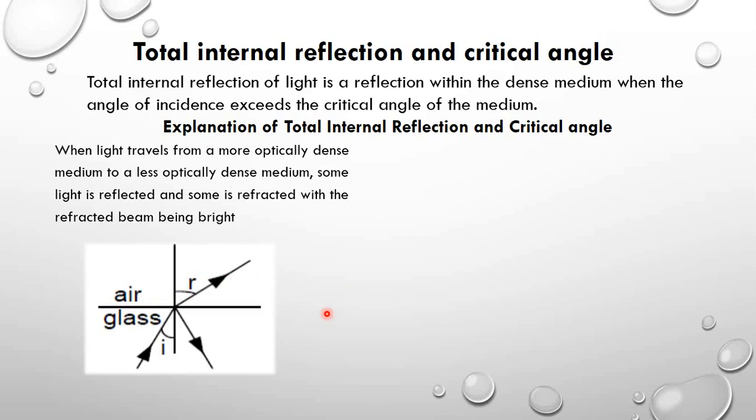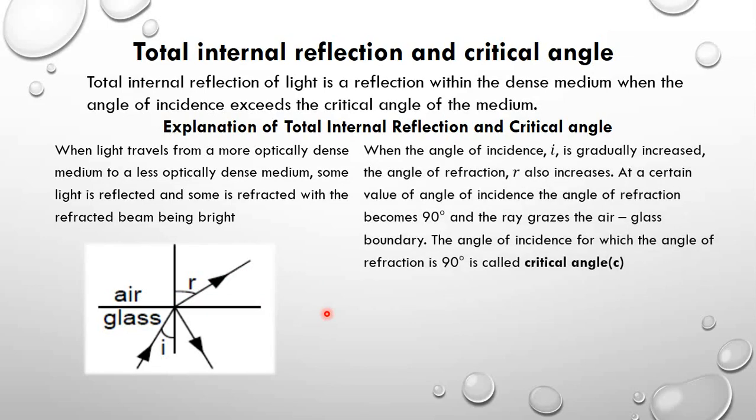At that point the angle of incidence is going to be called the critical angle. But still, we shall have this partial reflection.